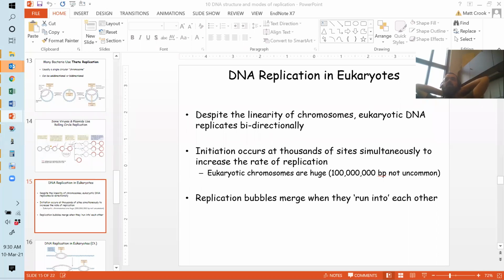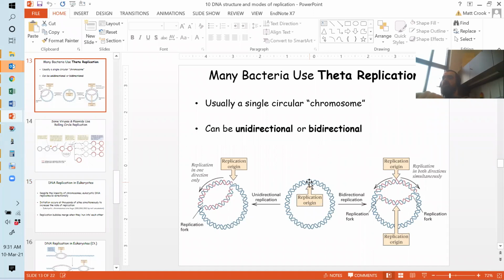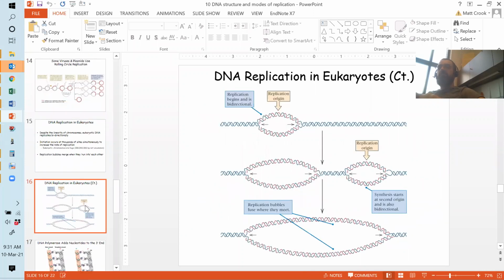And so there's no way you can start, as you do with bacteria, with just one origin of replication and bidirectionally replicate that chromosome in any kind of reasonable time frame, right? And that's one of the reasons why eukaryotic or human cell division takes so long compared to bacteria.